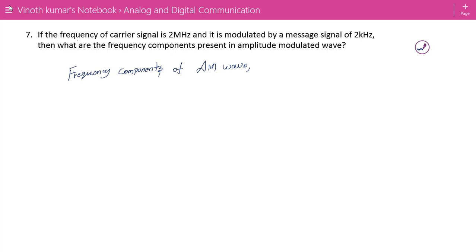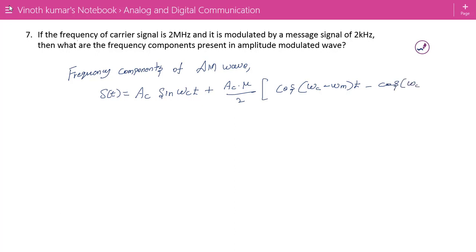So the amplitude modulated wave can be expressed as S of t is equal to AC sin omega c t, the carrier signal component, plus AC into mu divided by 2 of cos of omega c minus omega m t minus cos of omega c plus omega m t.